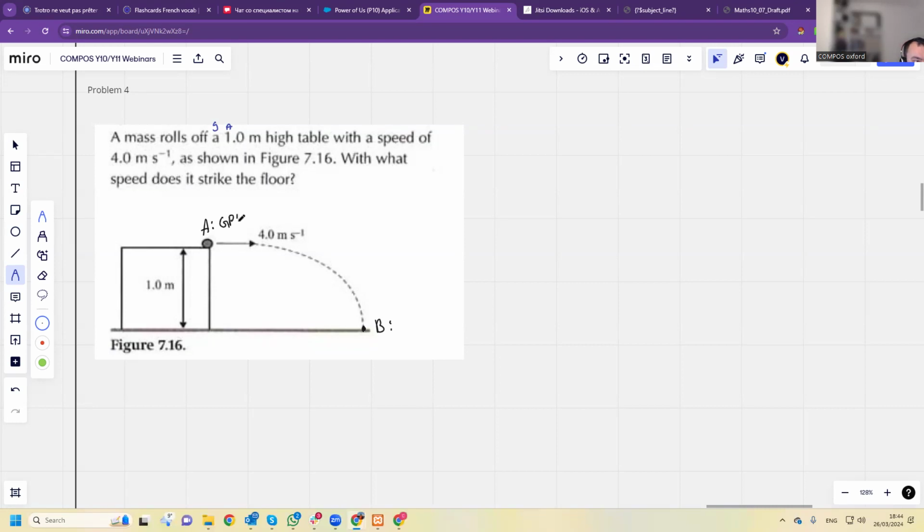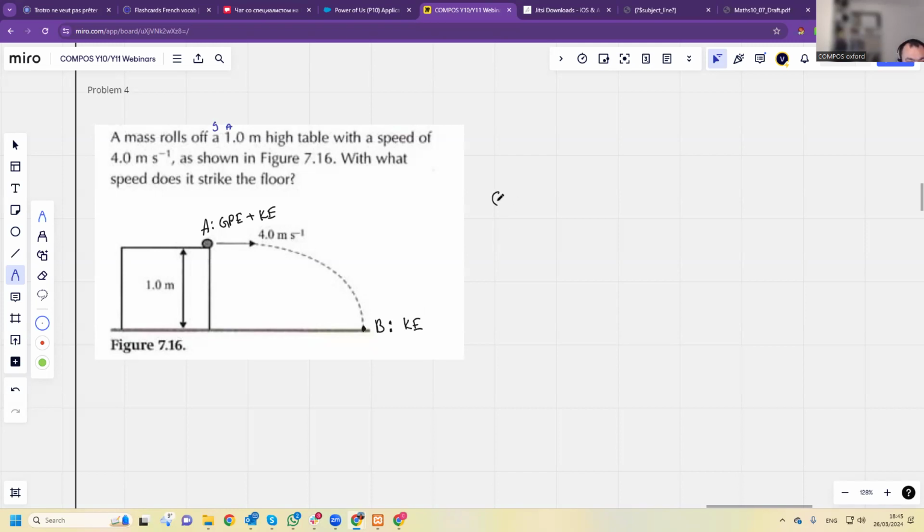Gravitational potential energy and kinetic energy. It's moving, right? It's moving at 4 meters a second, so it has gravitational and kinetic. And at B, it has kinetic only.